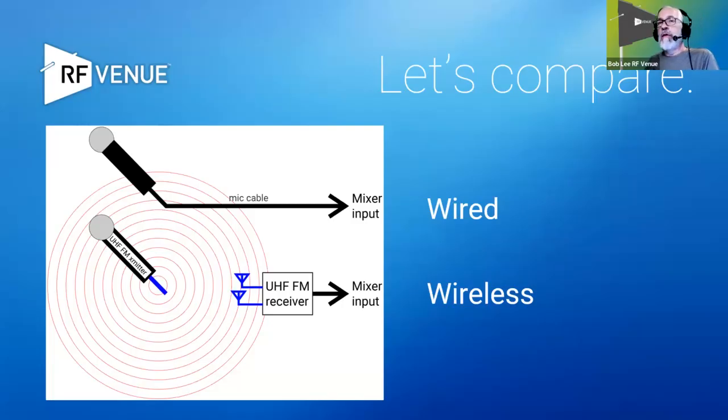Now, if we remove that cable and substitute a wireless mic system, it gets more expensive and more complex, because the mic has to go into a little UHF FM transmitter inside the mic body, and that sends radio waves out to the UHF FM receiver, and then that goes into the mixer input. So, like I said, it's more complex and more expensive, but sometimes it's necessary.